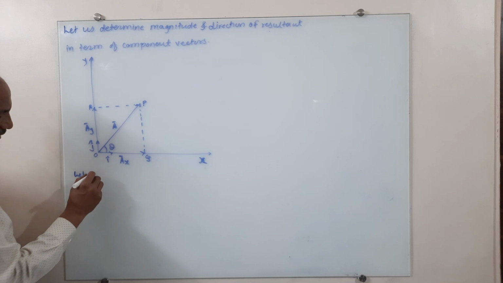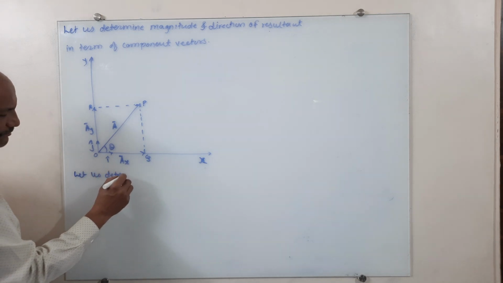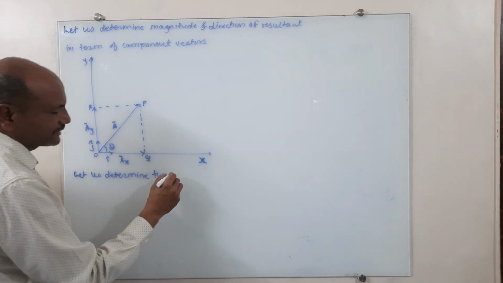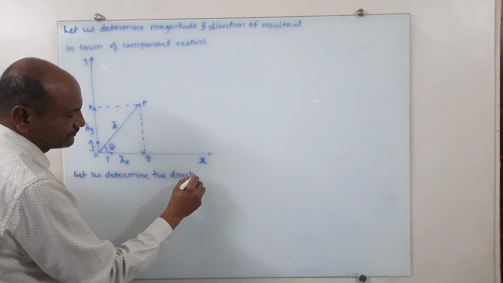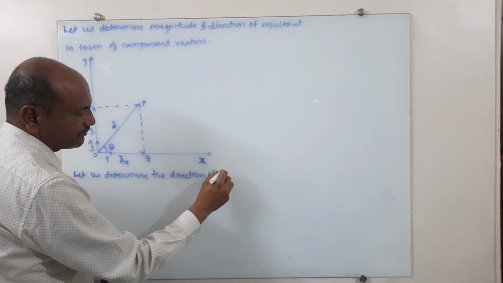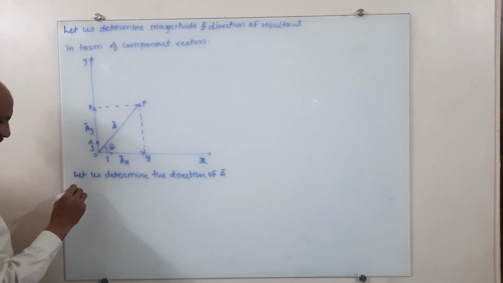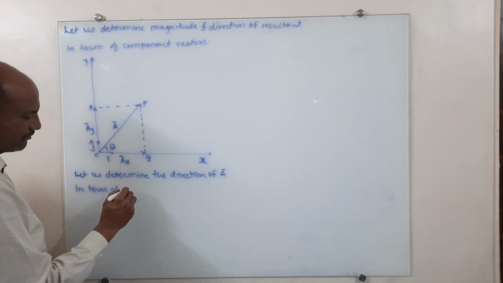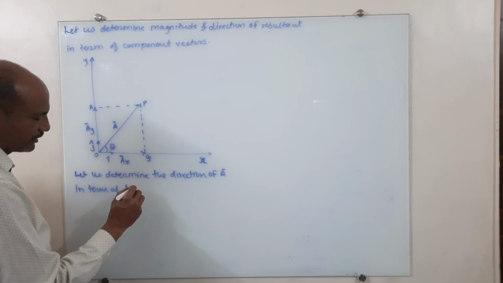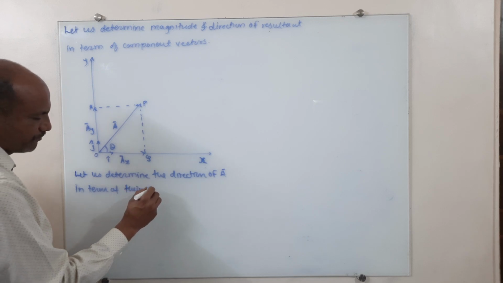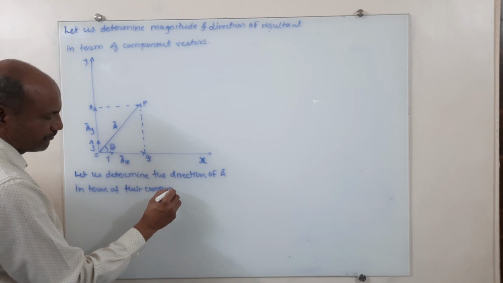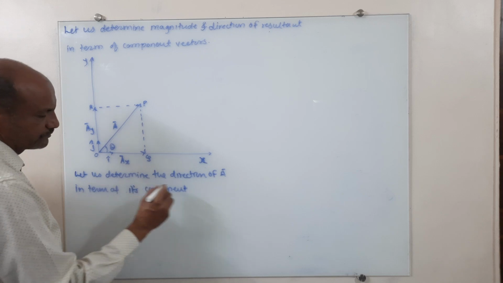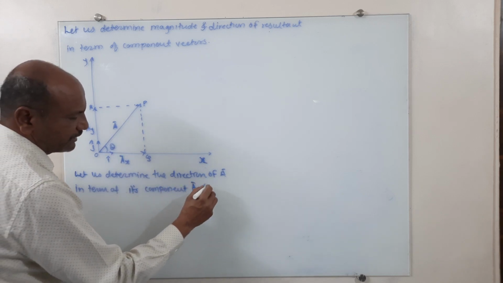Let us determine the direction of A bar in terms of its components AX bar and AY bar.